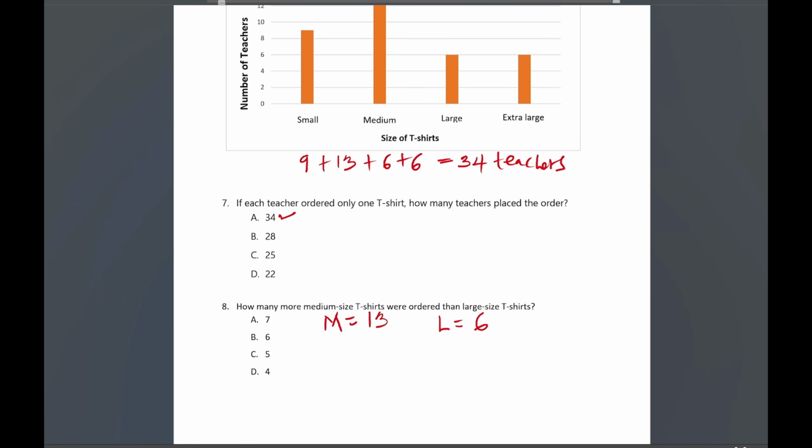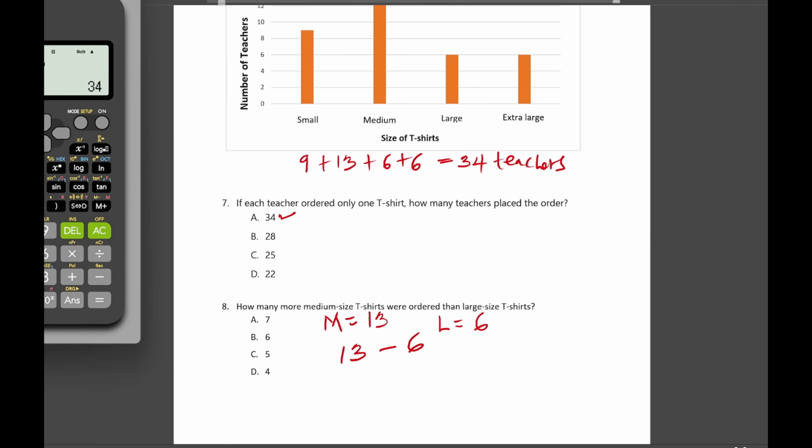So it is clear that they ordered more medium-sized t-shirts than large-sized t-shirts. But what is the margin? So that would be the difference. So we have 13 minus 6. 13 minus 6.